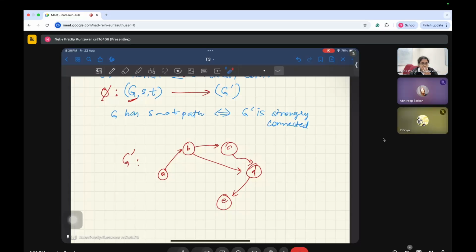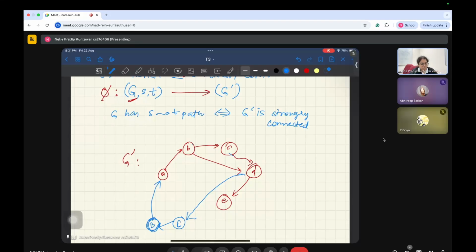One idea is that you can duplicate these vertices. Let's say I add some dummy vertices here. If there is an A to B edge, then this is a dummy replication of B, which I'll call capital B, and this is a dummy replication of C. What it does is invert all the arrows: because there's a C to D edge here, I'll have a D to C edge here.